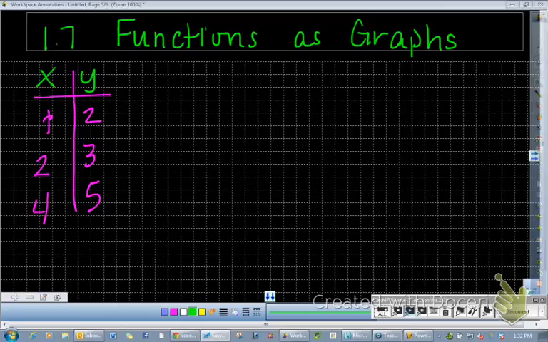So what they're telling you here is your domain is very specific, so they want you just to graph that. So at 1, you have 2. Let me graph this. And at 2, you have 3. And at 4, you have 5.